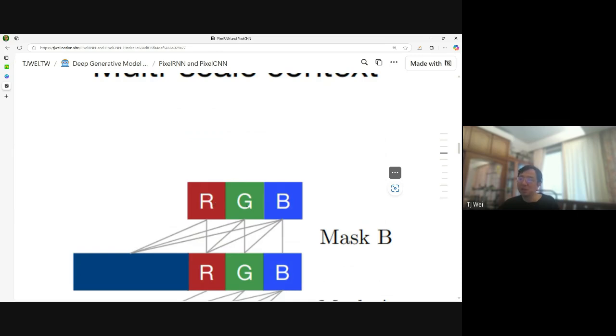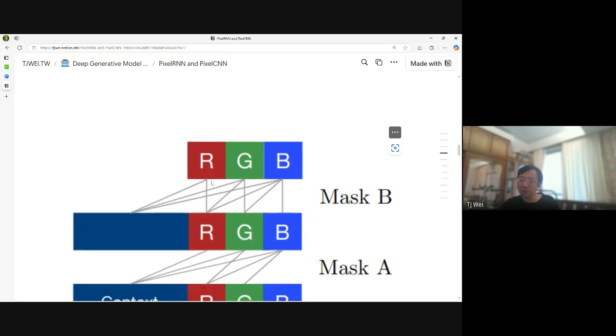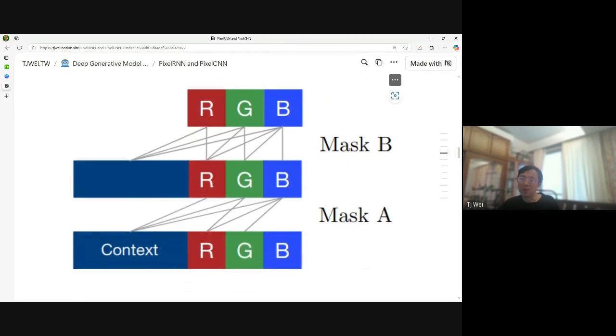as an individual element, so they will have an order. The order is quite simple: the first is R, the second is G, and the third is B. So we have an order of RGB.